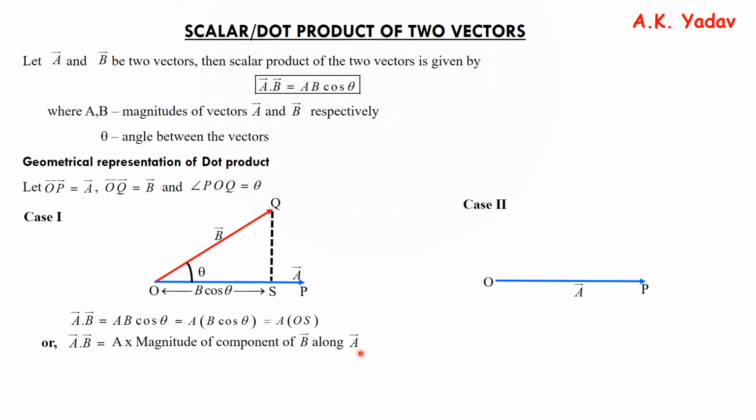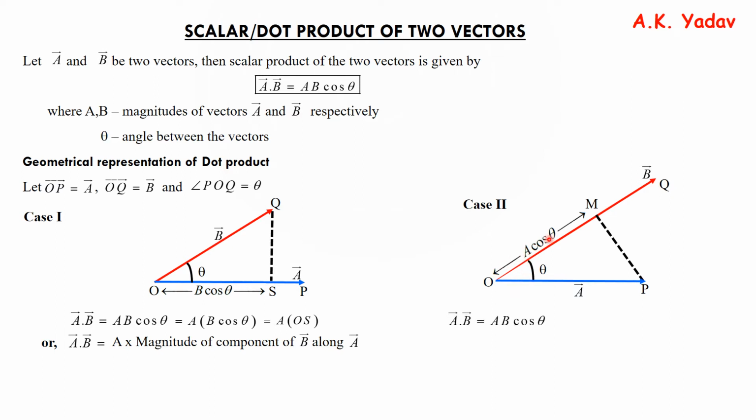Let us take case 2. Again we have OP equal to vector A, OQ equal to vector B, and theta is the angle between them. Now we have drawn PM perpendicular to OQ. So vector A can be resolved into two components, with the angle it is cos theta.